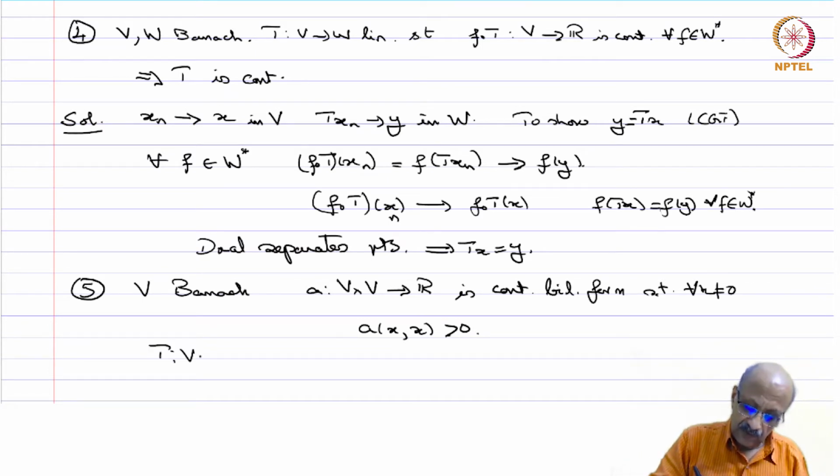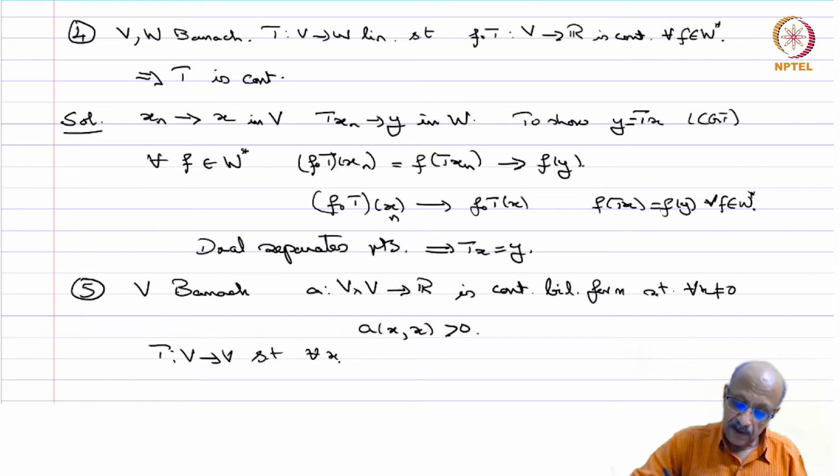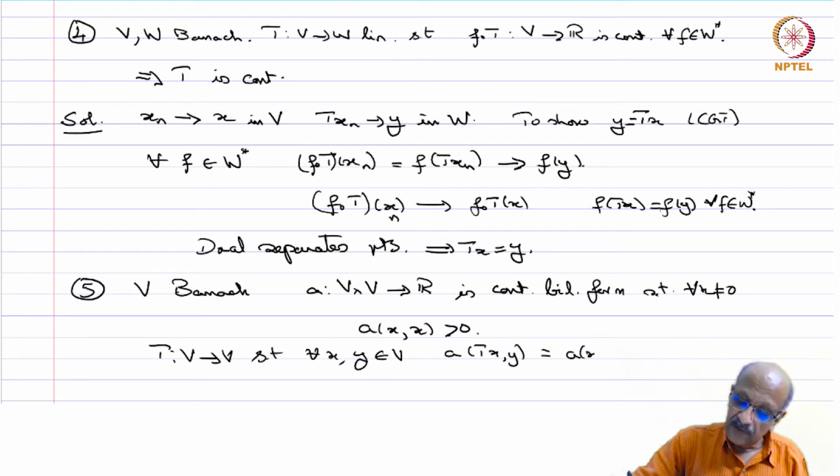T from V to V such that for all x, y in V we have A of Tx,y equals A of x,Ty. So this implies T continuous.